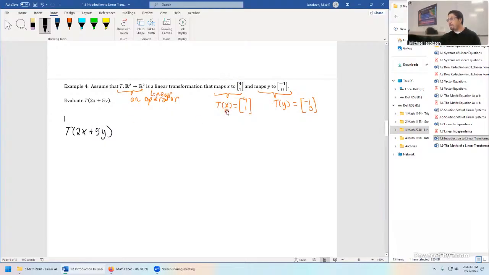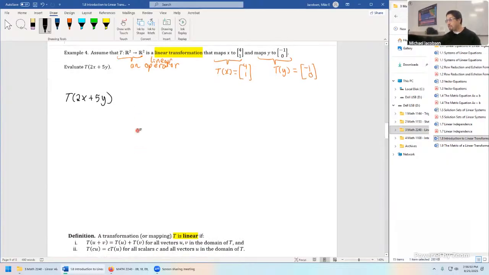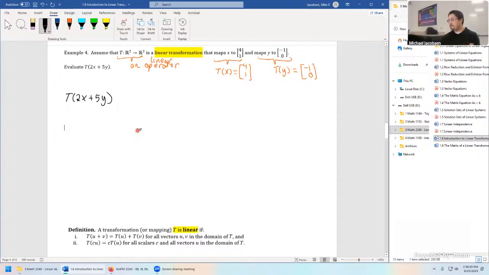Sure, we've used this information by showing what T of x equals and what T of y equals. One piece of information we didn't use, not yet, is this: the fact that it's linear means we have extra algebraic properties available to us. So that's this part of the notes that was hidden briefly. Because T is linear, we can take advantage of properties 1 and 2. So that's what we'll do next. Any questions at the moment with the problem so far?